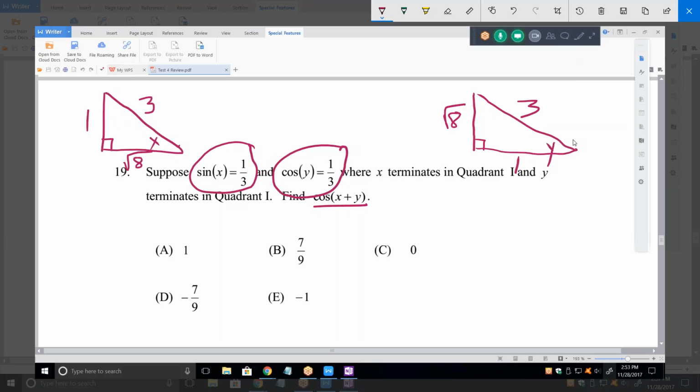So what is the cosine of x plus y equal to? Remember, your answer has 2 cosines at the beginning and then 2 sines at the end. That's the easiest way to memorize it for me. So what must it look like? If there's 2 cosines at the beginning and 2 sines at the end, then what's the sign in between going to be?